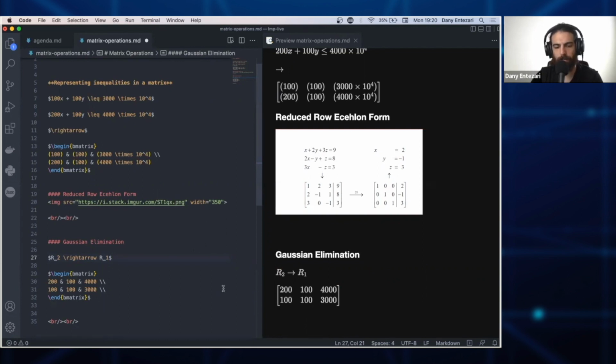Now, in your opinion, how can I get this to be reduced? Assume this was 2, this was 1, and this was 1 and 1. What would we have to do to reduce this, to eliminate this row?